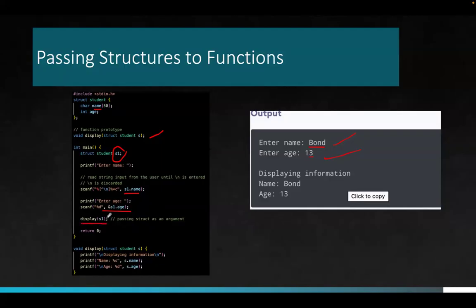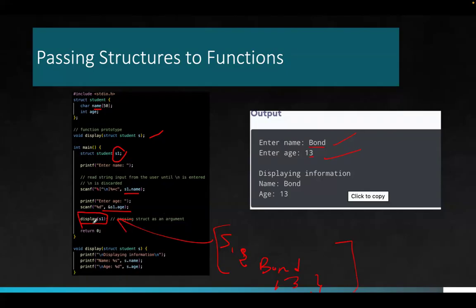Now, display(s1). What is meant by that? I am calling a function by passing a structure as an argument. S1 is already prepared. What does s1 hold? S1 holds the name Bond, and s1 holds the age, 13. This structure value I am passing into the function called display.